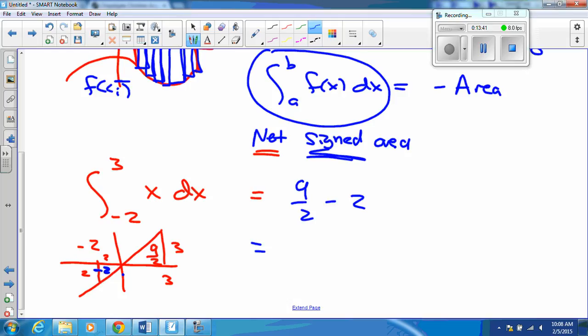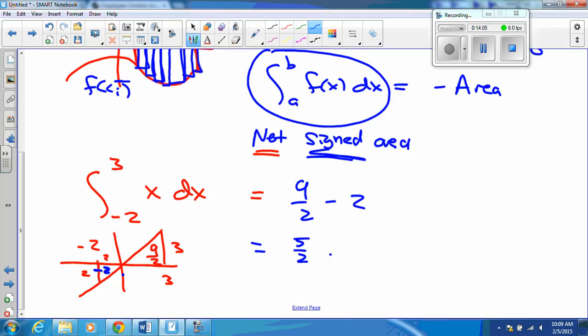And what is 9/2 minus 2? 2.5 or 5/2, right? And we're done. Please notice that this is not the total area of the region. The total area of the region is 9/2 plus 2, or 13/2. It is the net signed area of the region.